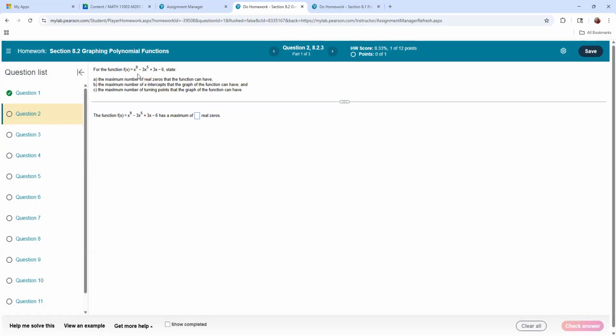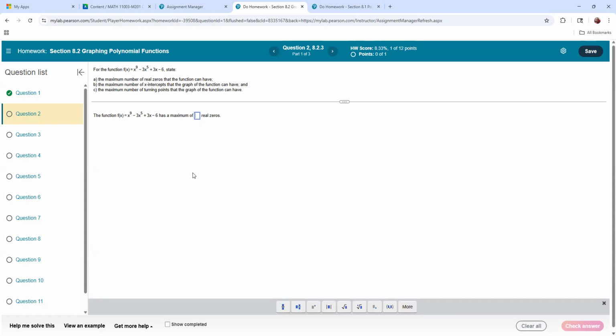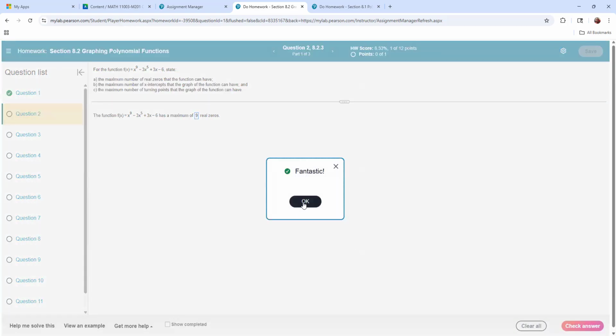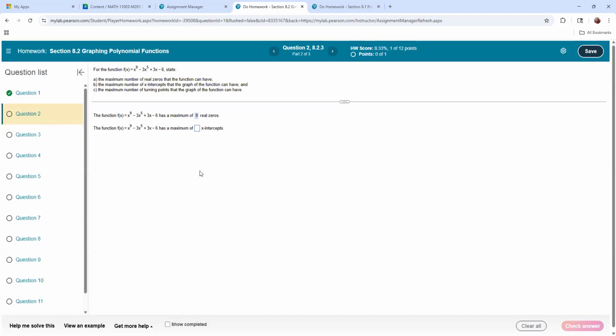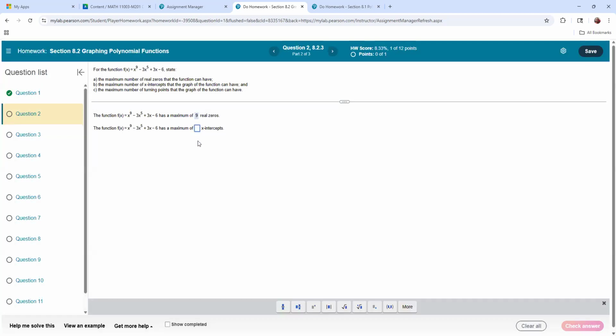All right, you got x to the 9th minus 3x to the 5th plus 3x minus 6. So y'all, what's the maximum number of real zeros? All right, Ben, that's 9 again. Good job. 9 is my highest exponent. So what about the maximum number of x-intercepts?